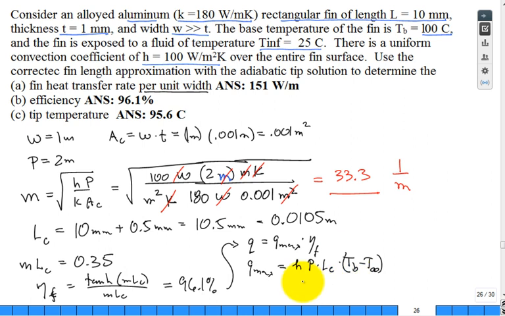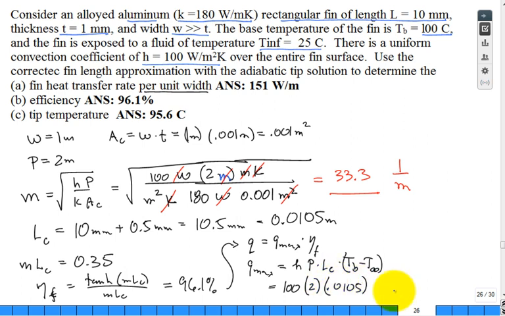All right, I'm running out of space here. What is my H? 100. Perimeter, 2 meters. I'm dropping the units. L sub C, we already figured that out, 0.0105 meter.